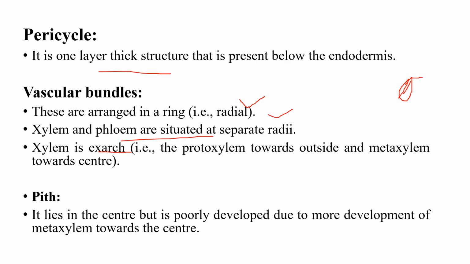The newly formed xylem is always towards the periphery. Then pith: after the vascular bundle, the central portion or the ground tissue present in the center of the vascular bundle is known as pith.